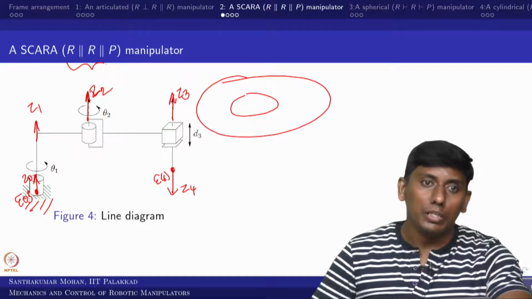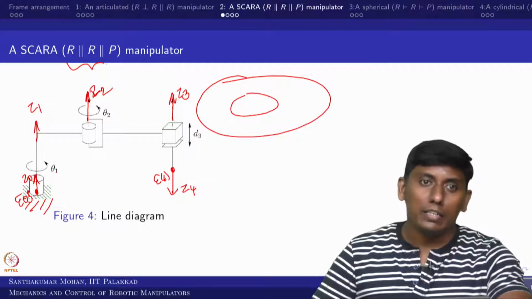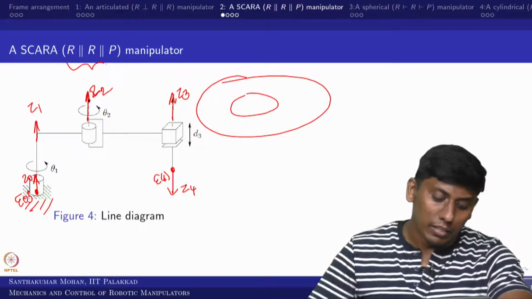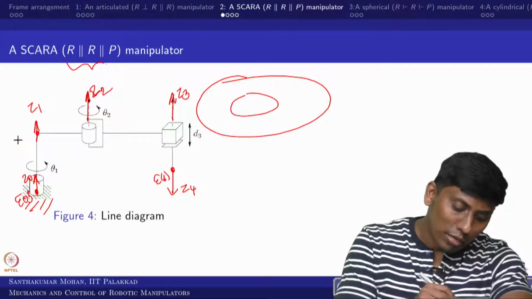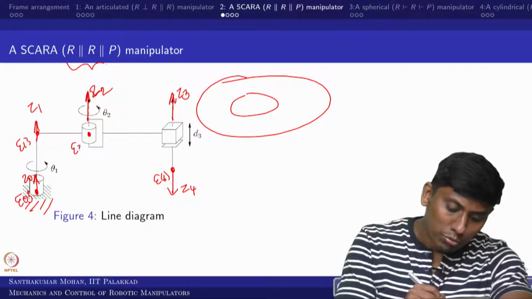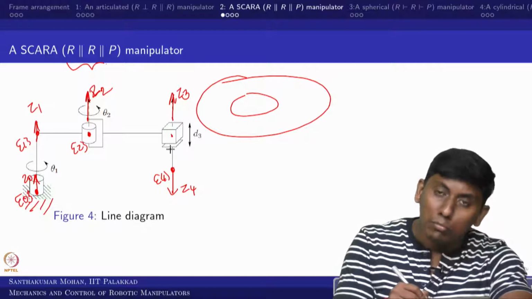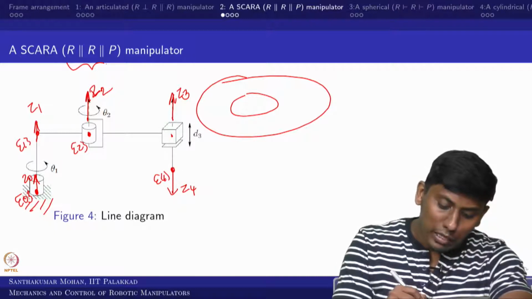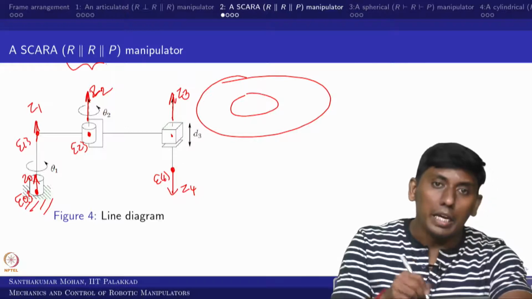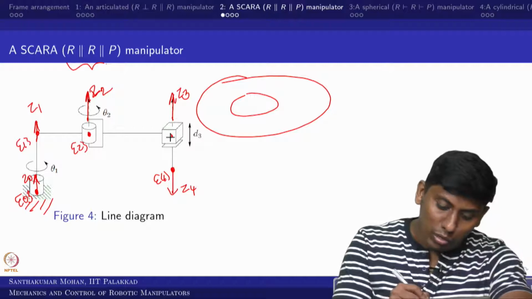Now we need to fix frames 1, 2, 3. As we have already seen, we can take frames 1, 2, 3 conveniently as per our interest. So I am taking this as 1 and this point as 2, and this point is moving, so we can see where it moves, on this line, and the end we have to fix. So we can take it here, 0 d3.